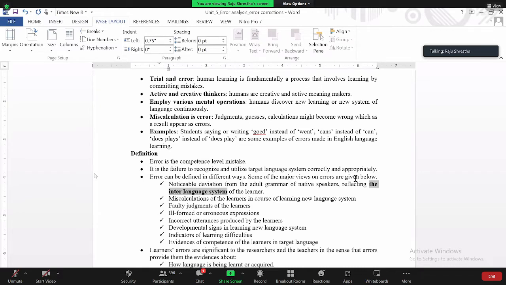So when errors appear in course of using the target language, errors reflect the internal picture of the target language. Internal picture कहाँ पुगेको छ त सिकारु भाषा सिक्ने क्रममा भन्ने कुराहरु errors reflect.